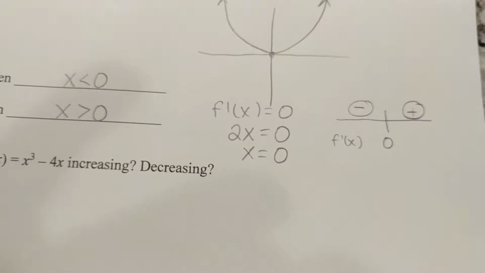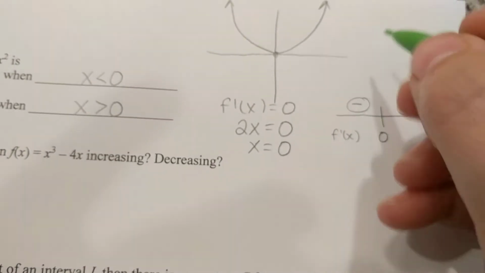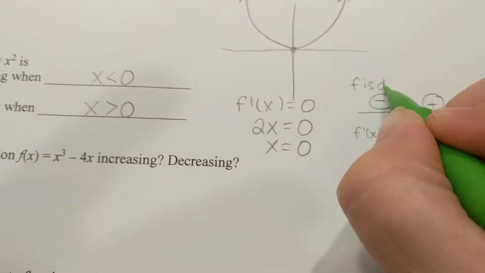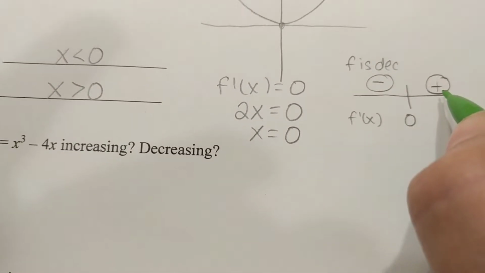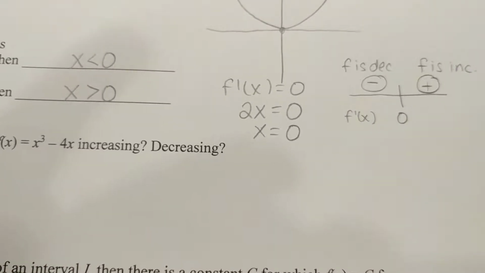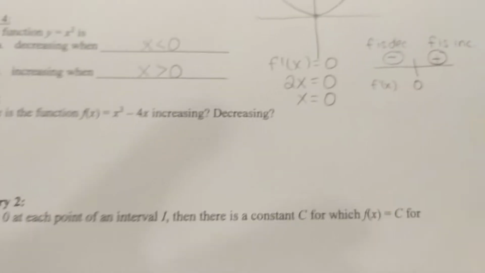So this sign chart tells me here it's negative. The derivative was negative, which means f is decreasing. And here I've got this positive slope, which means that f is increasing. And that matches what we said over here.